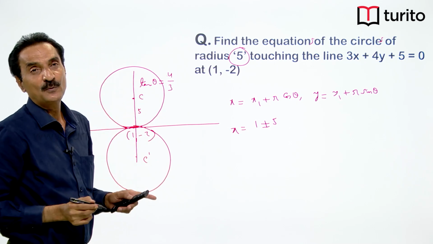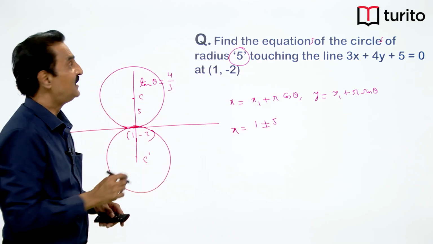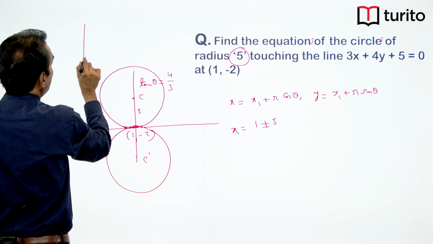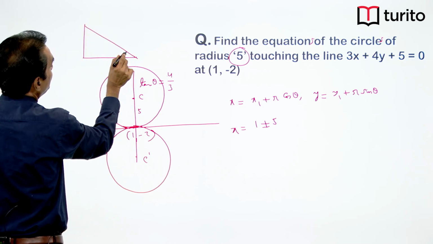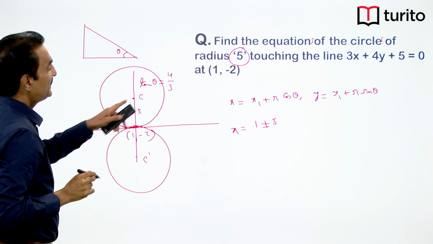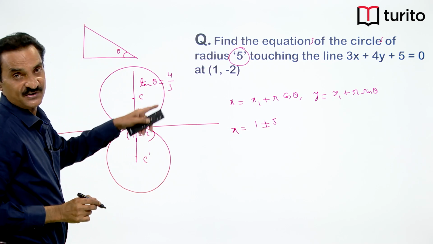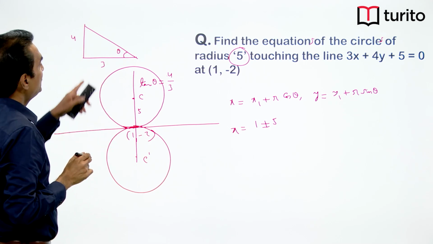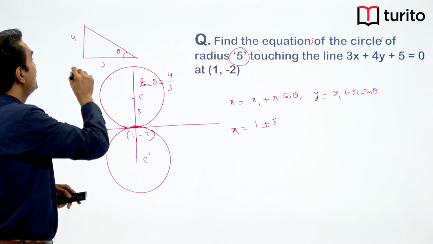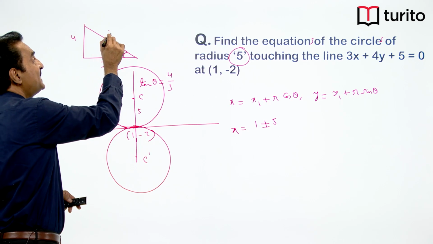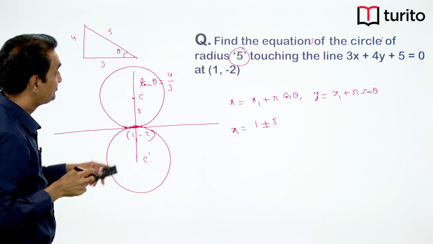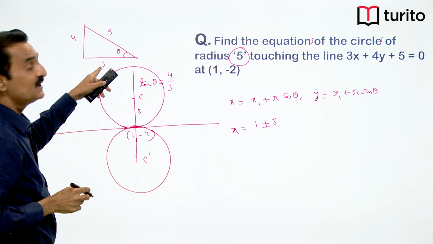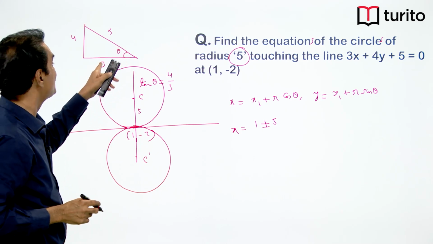If tan theta is 4 by 3, what is cos theta? Constructing a right angle triangle, tan theta is opposite side by adjacent side. So take this as 4, this as 3. Then what will be the hypotenuse? Root over 4 square plus 3 square, 5. Then cos theta will be adjacent side by hypotenuse, 3 by 5.